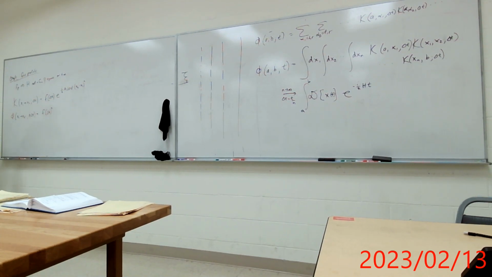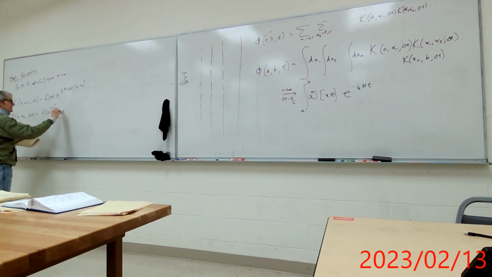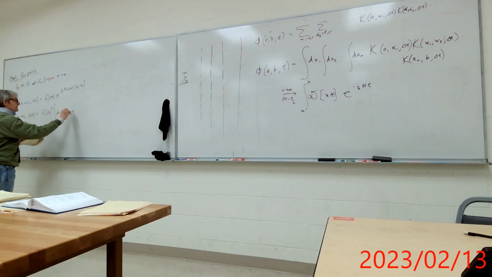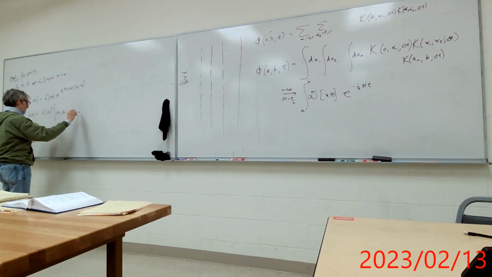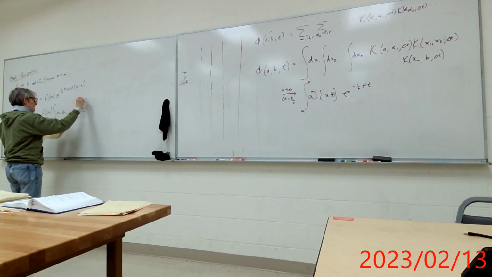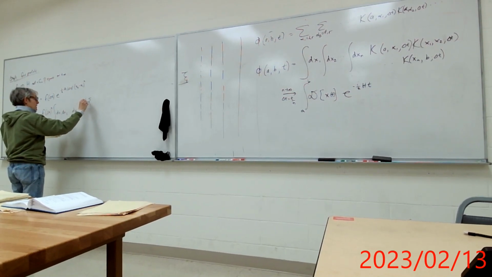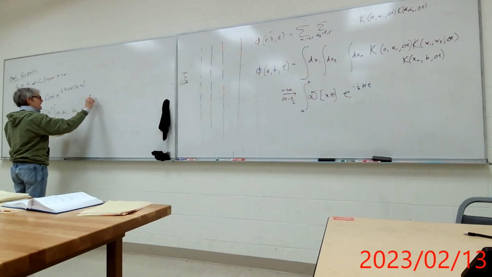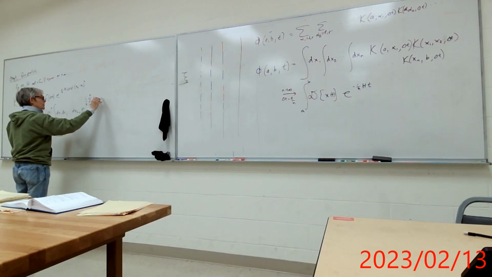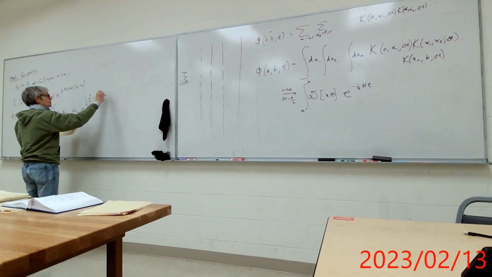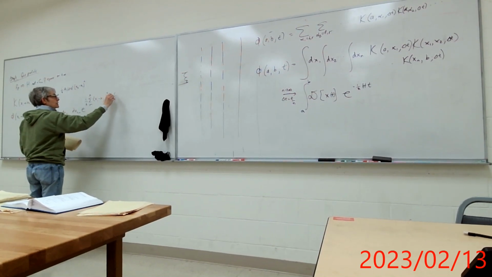Remember, we have to multiply all of those together. And then we've got the integral dx1, dx2, dot, dot, dot, dxn minus 1 of e to the i over h bar sum j equals 1 to n of xj minus xj minus 1 squared, and times this function which we don't know.